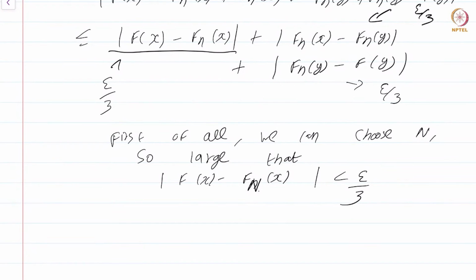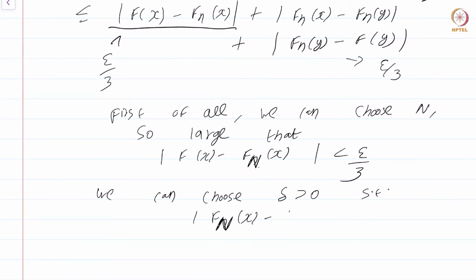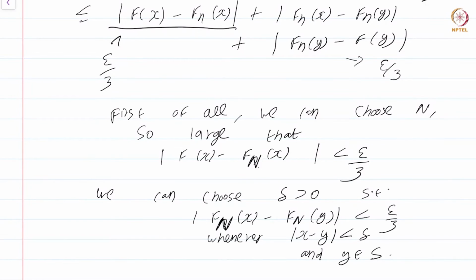So the first term we can handle. Now what about the middle term? Well, we can choose delta greater than 0 such that |f_N(x) - f_N(y)| is less than epsilon by 3 whenever |x - y| is less than delta and y comes from the set S. We can do this.